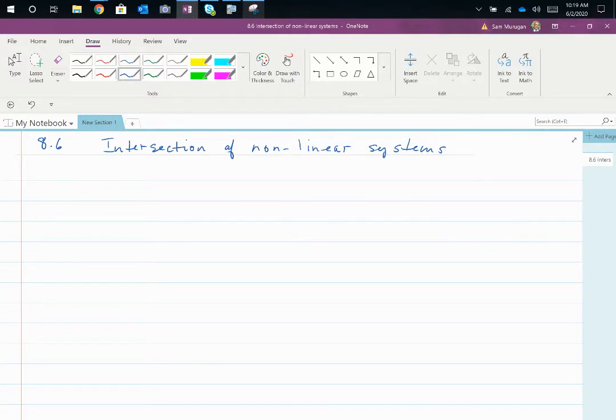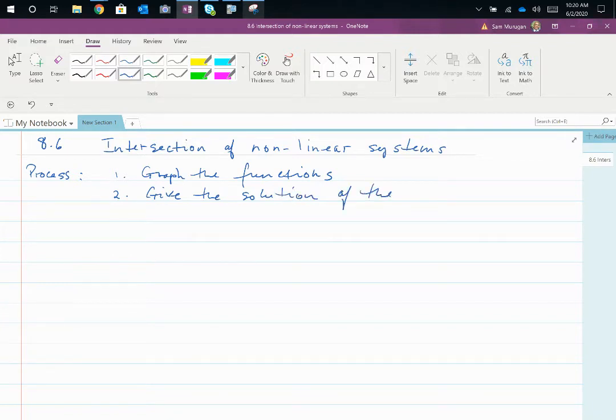So the goal is to graph the functions, give the solution of the point or points of intersection.